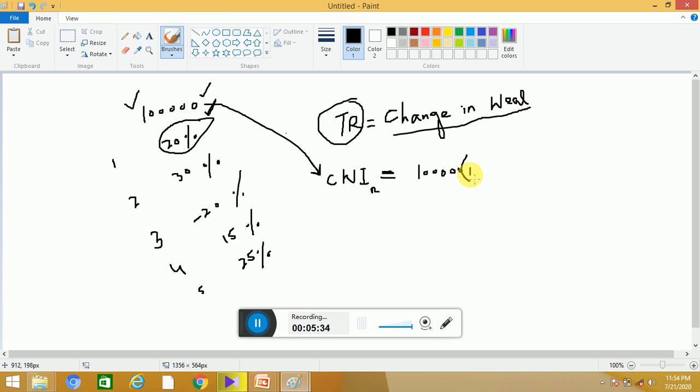Now 1 plus total return 1, which is 20%. Then 1 plus total return 2, 1 plus 30%.